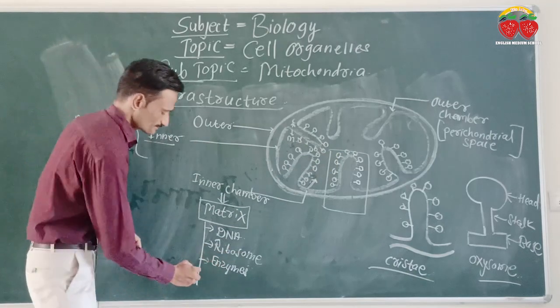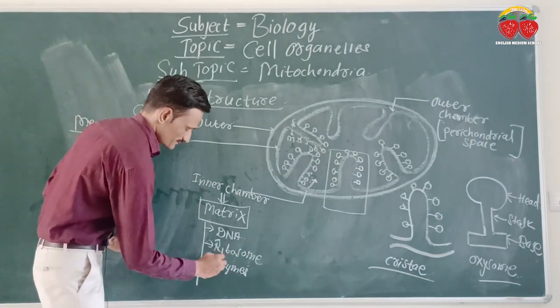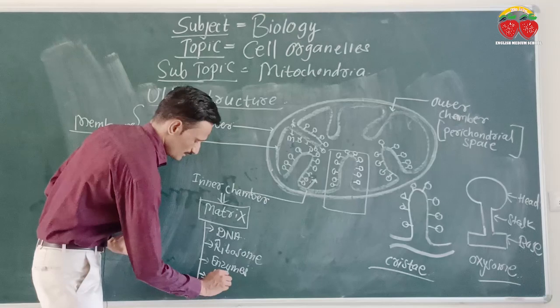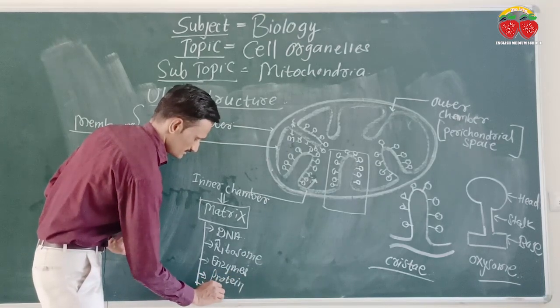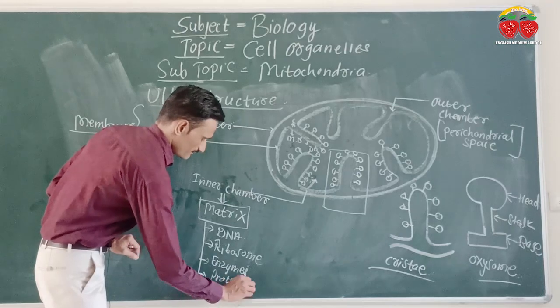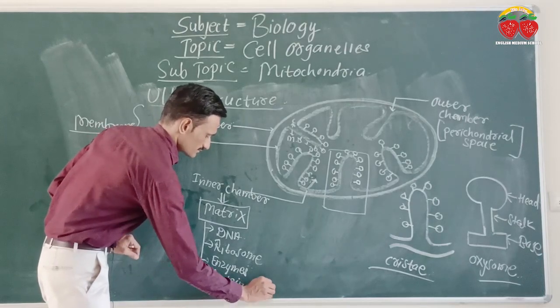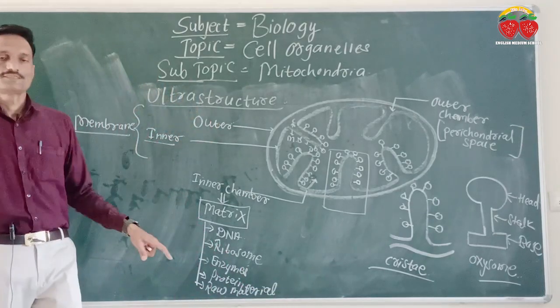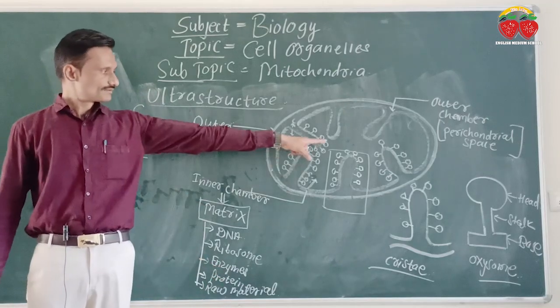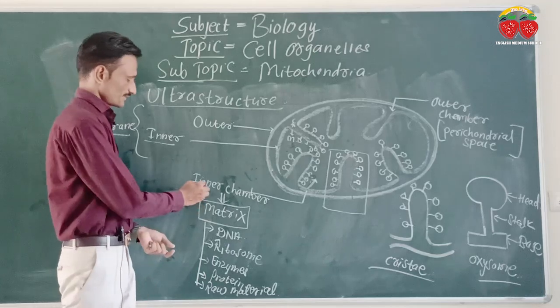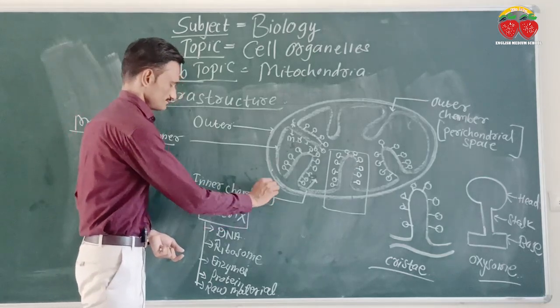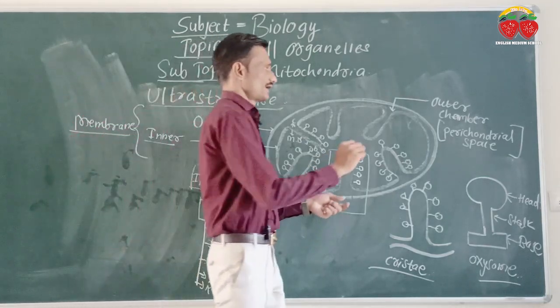Apart from this, they have their own proteins and other raw material required for cellular respiration. Right? So in this way, there is the inner chamber and then the outer chamber.